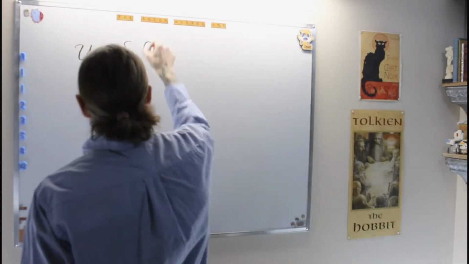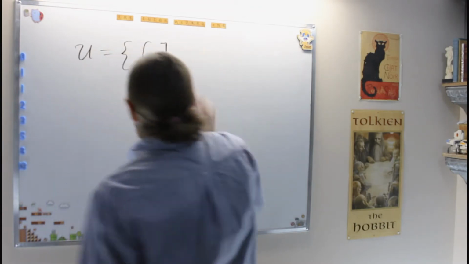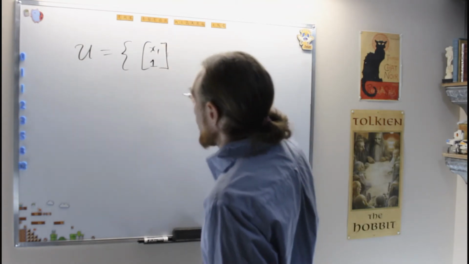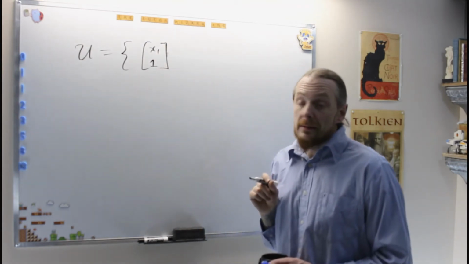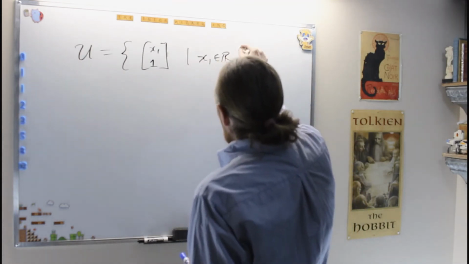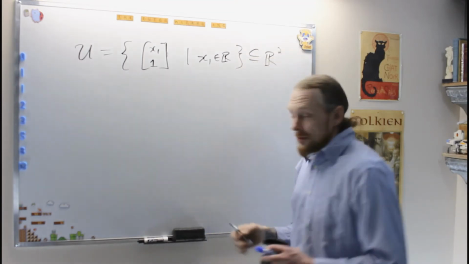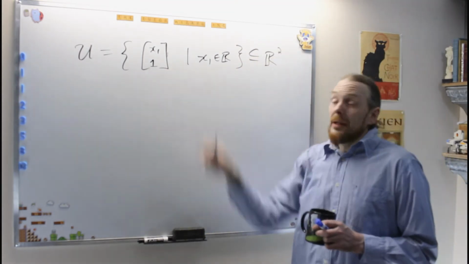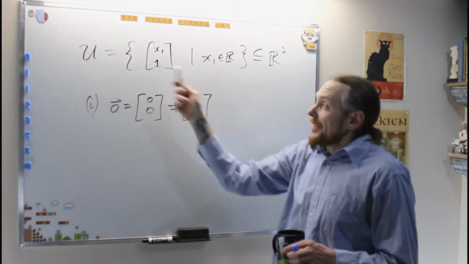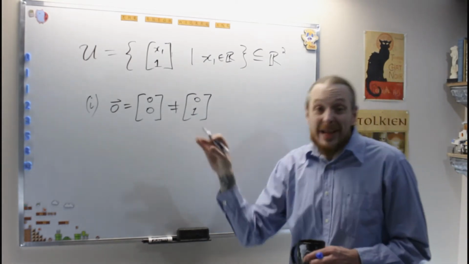U is equal to all two-dimensional vectors or two columns such that the second coordinate is a 1, and I don't know anything about the first coordinate, so x1 is any real number. This is a subset of R2. It's all two columns which have that coordinate 1. So we want to know if this subset of R2 is a subspace of R2.